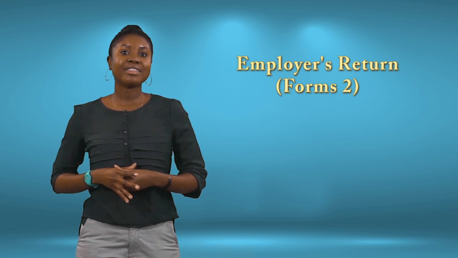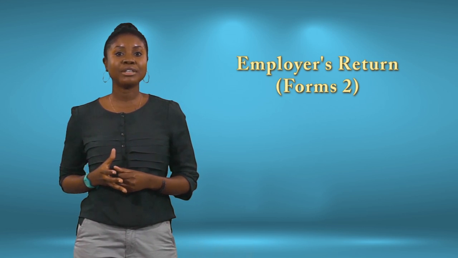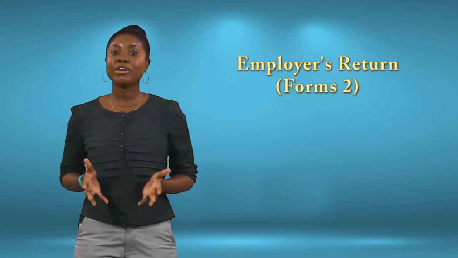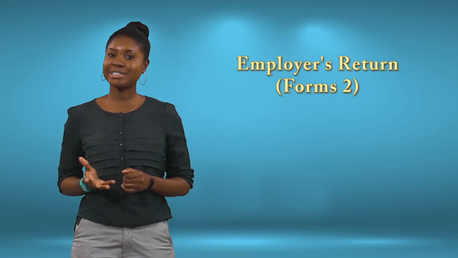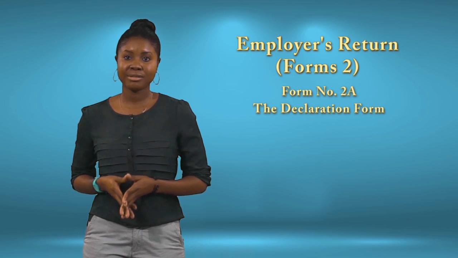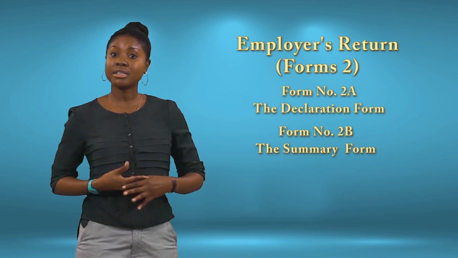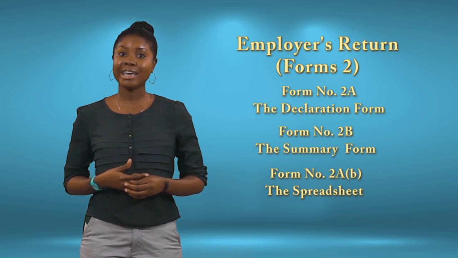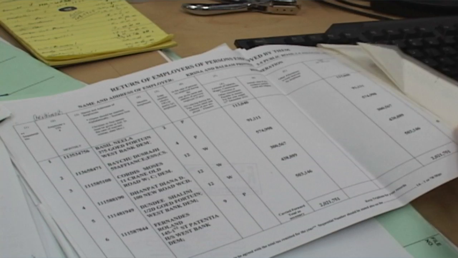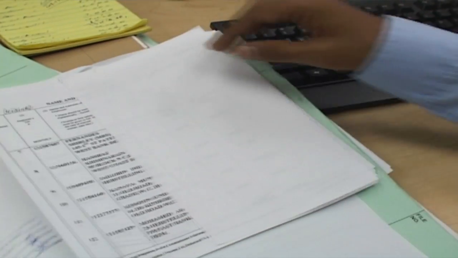It may sound like a lot, but the form is simple to complete once your employee's records are up to date and properly kept. When preparing the Form 2, the following forms need to be completed. Form number 2A, which is the declaration, Form number 2B, which is the summary, and Form number 2AB, which is a spreadsheet of the information mentioned. When completing the forms, it must be done in triplicate.